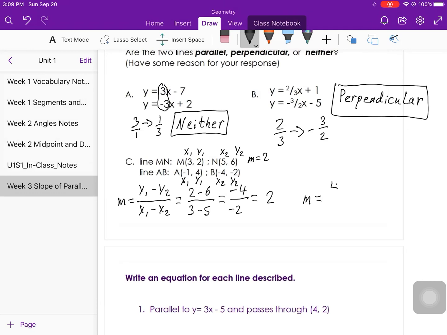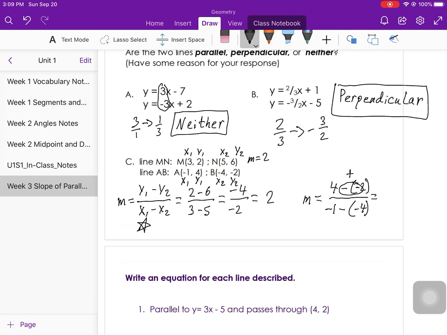So y1 is 4 minus y2 is negative 2. I always like to put my negatives in parentheses when I'm adding or subtracting. Then we have our x's, so negative 1 minus negative 4. Definitely want to be careful when we're writing these in. Remember to follow this equation right here. Okay, 4 minus minus 2 gives us plus 2.